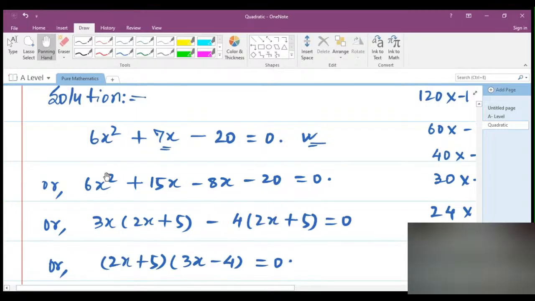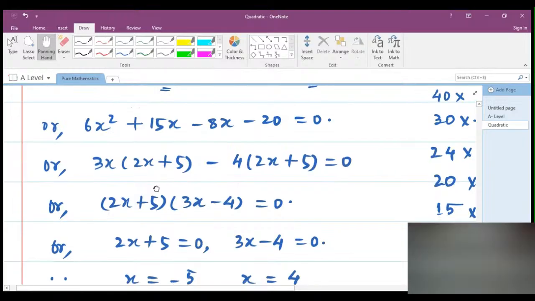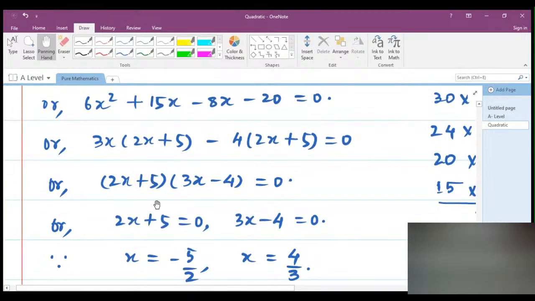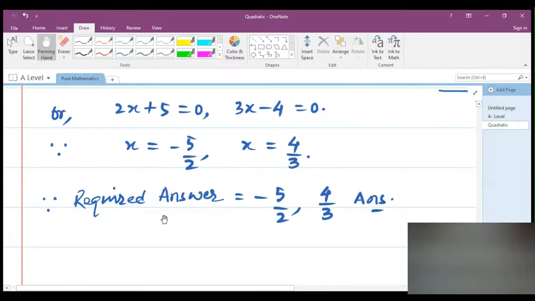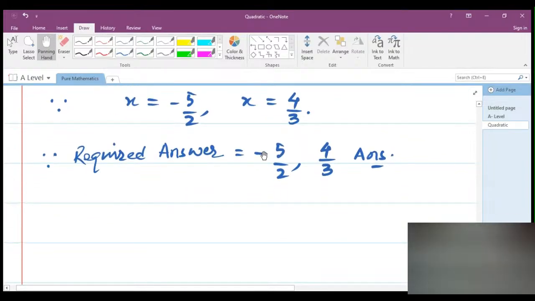So let's see, 6x square plus 15x minus 8x. 15 minus 8 equal to 7, and 15 into 8 equal to 120. So this is the solution, or factorization, of this question. And at last we get the answer of this question is minus 5 by 2 and 4 by 3. So these are the solutions of x. Hope that there is no problem to understand the solution of this question.